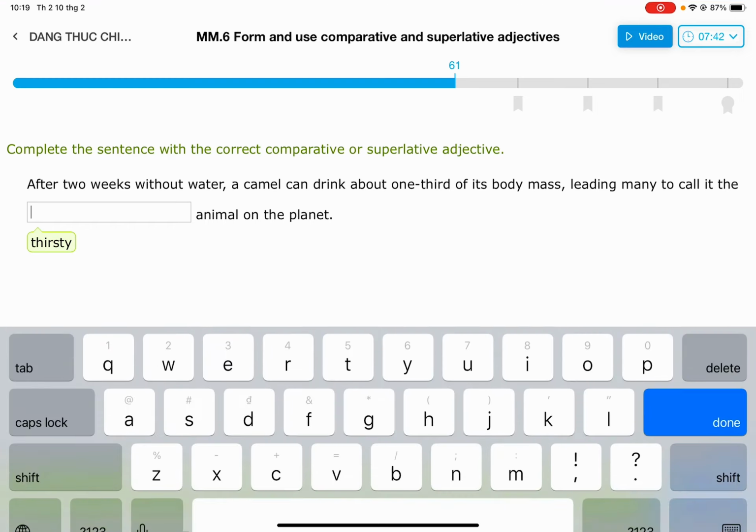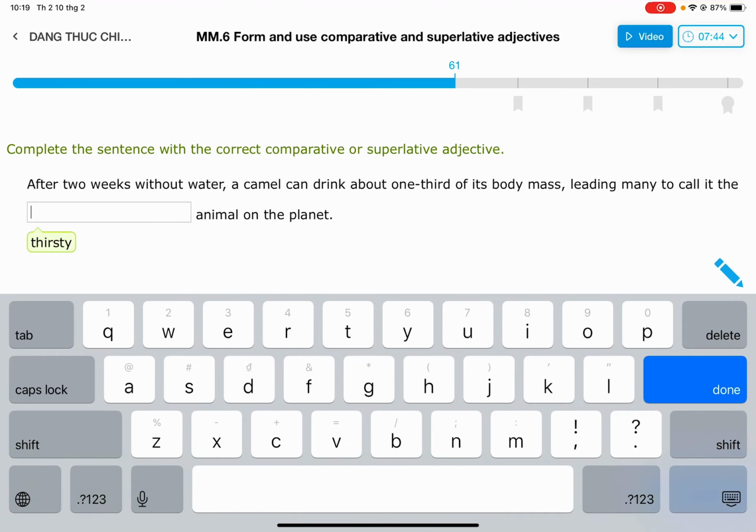To call it the thirstiest. This is like superlative adjective. It has two syllable but it ends in y. So we drop the y and we add iest. Thirstiest.